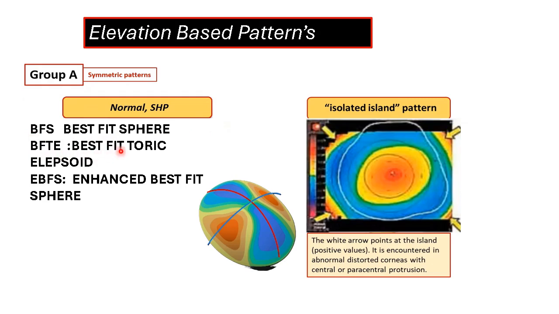And in cases of already established keratoconus where we want to follow them, it is better to follow them with the best fit toric ellipsoid. The other new reference surface is the enhanced best fit sphere of Belin and Ambrosio, and this is peculiar also for keratoconus, and I will speak about it in a separate slide.